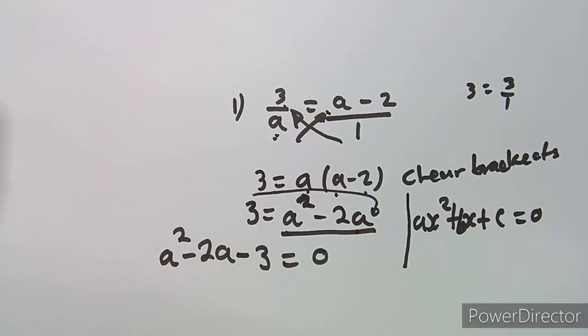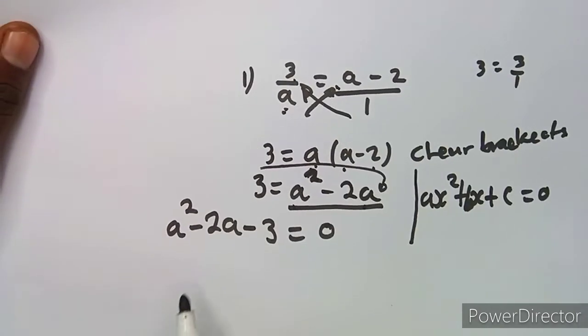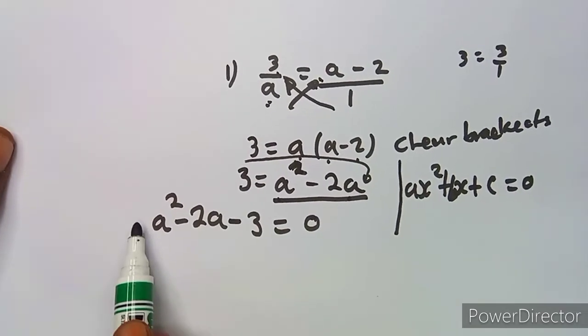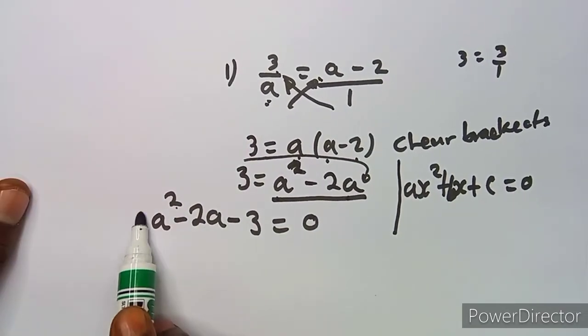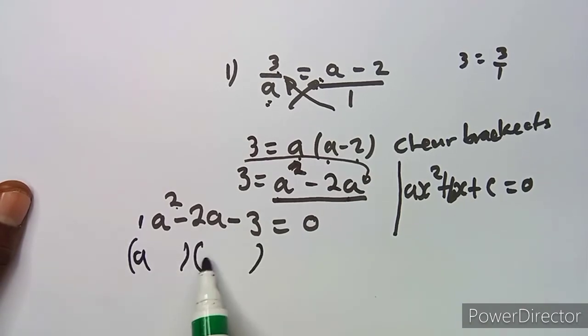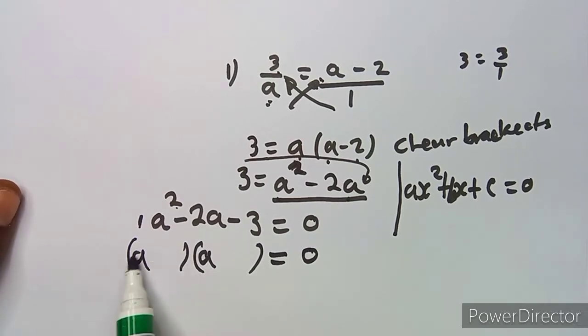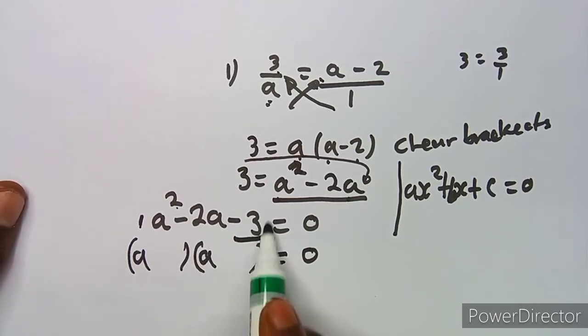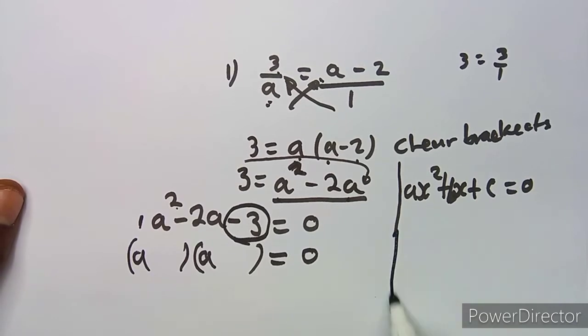So remember on factorization, I told you guys, when the coefficient of the first term, which is the squared part here, is 1, you can open two brackets, a and a. Then you focus on the constant term, which is minus 3.